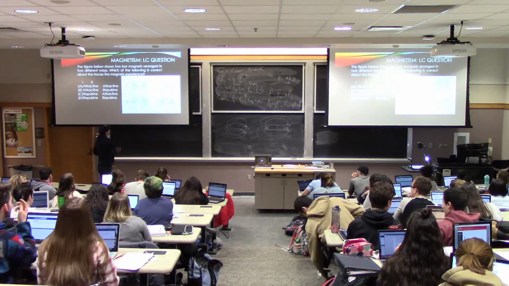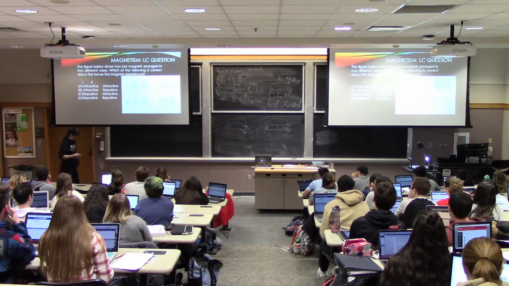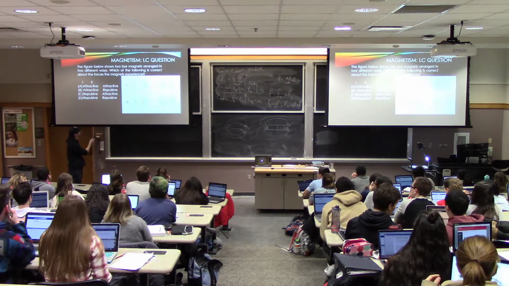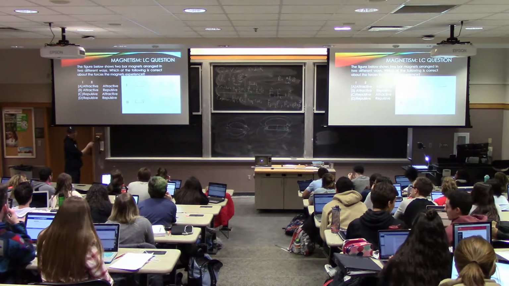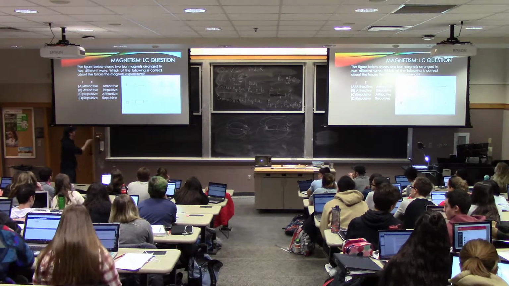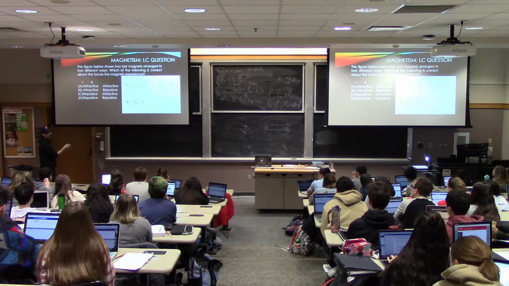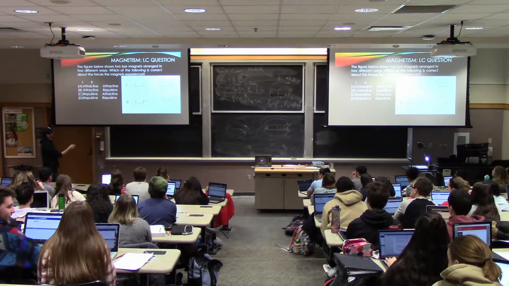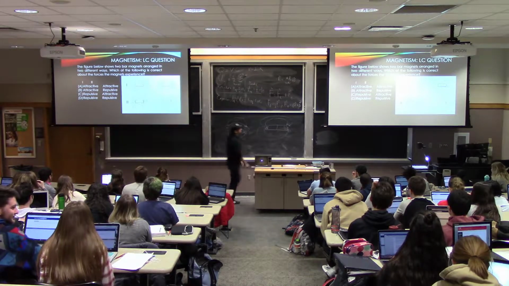So for this top one in the top left, what's on the left side? That's a south side, so that's a north side. And then this is also a south side and a north side. So north, south, these will be attracted to each other. And then this one, what do I have here? That's a north side, right? And then this is also a north side, so those are going to repel each other. So the answer should be B.